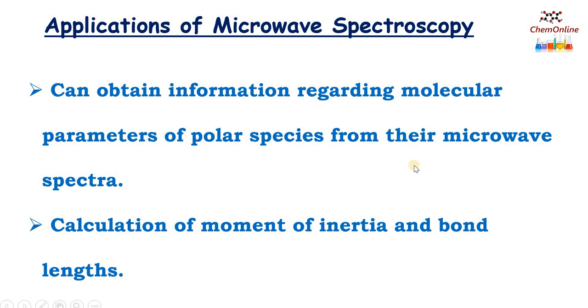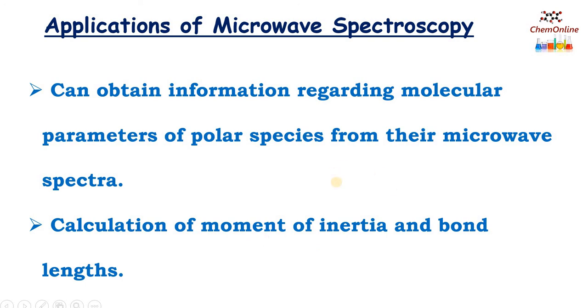And the last part is the applications of microwave spectroscopy. That is, what all information we will get from the study of microwave spectra. We can obtain information regarding molecular parameters of polar molecules from their microwave spectra. For example, we can calculate the moment of inertia and bond lengths from the spectral data.